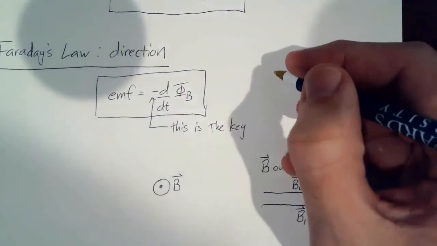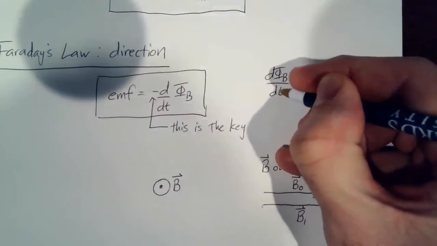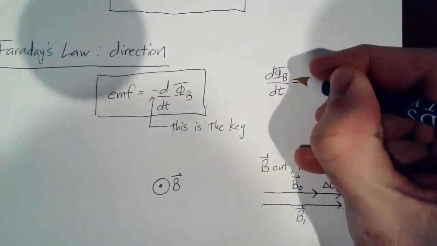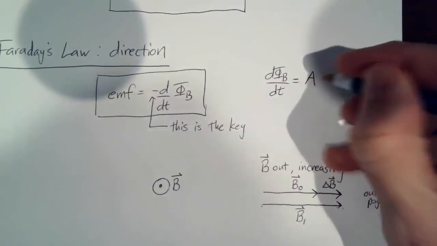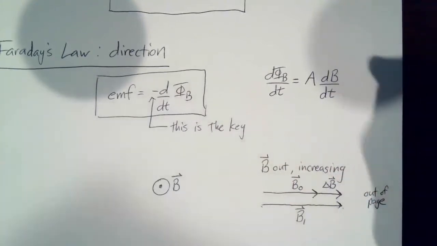So going back up here, I'm going to write this time derivative like this, where I mentioned A, the area is not changing, so I'm going to take out the area, and what I'm left with inside is dB dt.